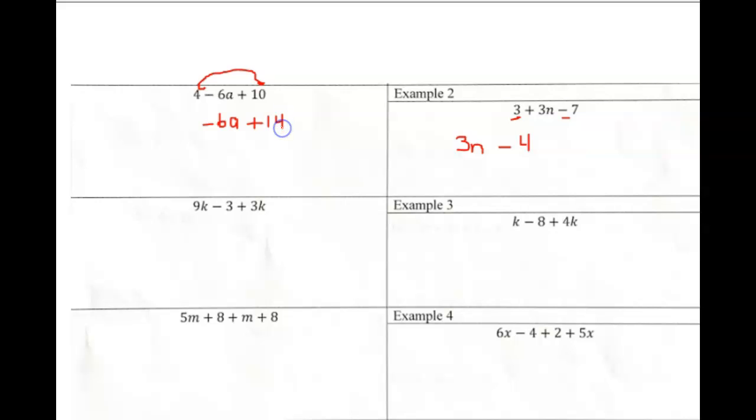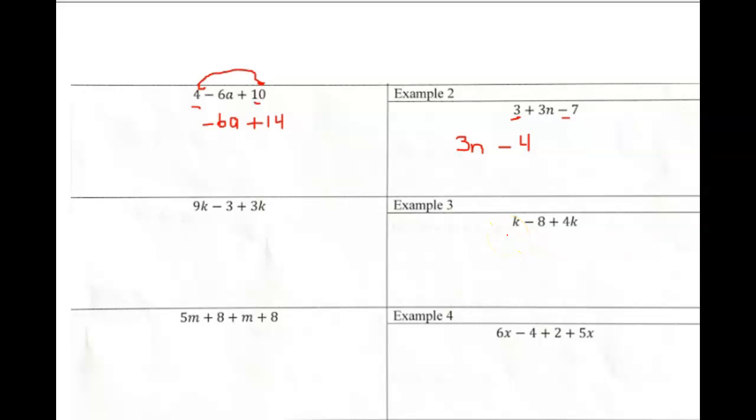Okay? So, you guys, I think some of you ended up with negative 8a. We cannot do that because these are not alike. You cannot add or subtract unlike items. Okay? Only the like things stay together. If it's unlike, it does not stay together.